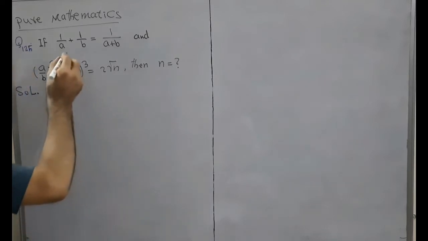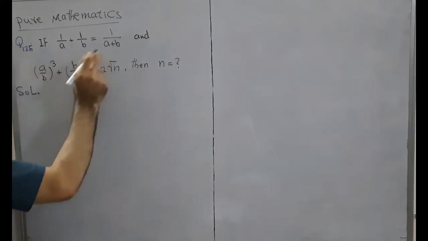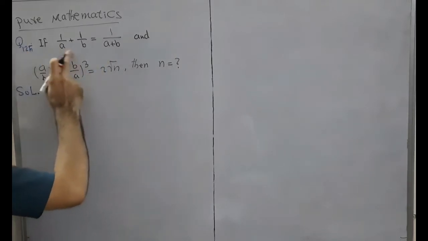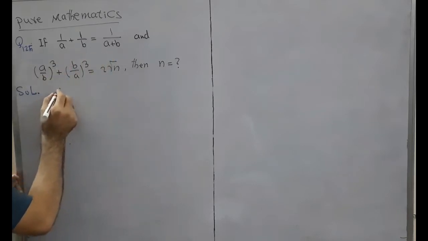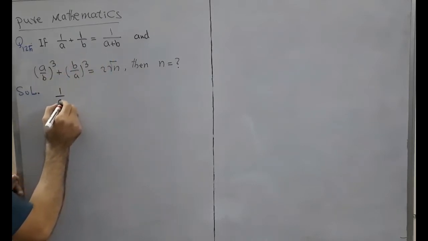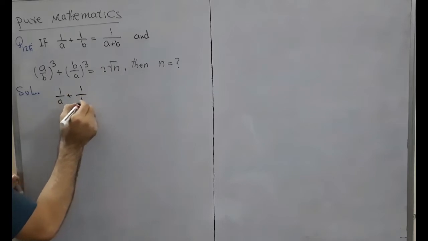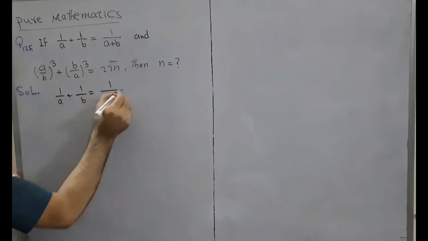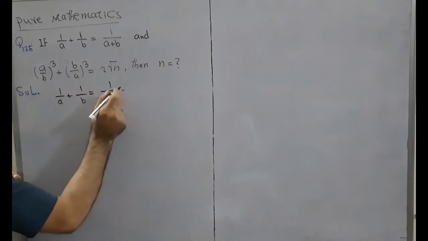First, we simplify this equation: 1 over a plus 1 over b is equal to 1 over a plus b.